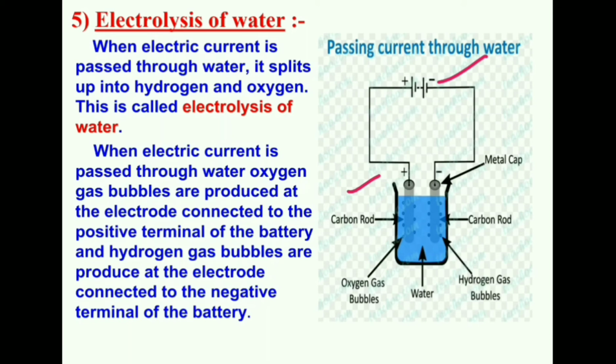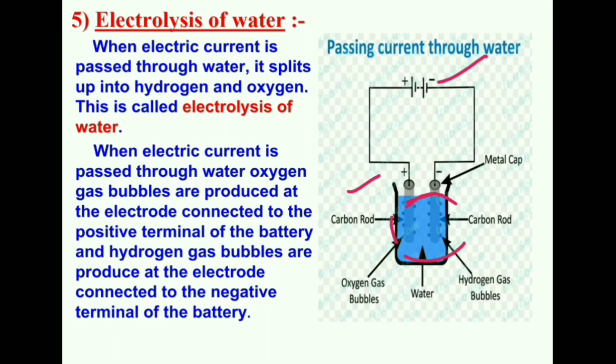As we know that the distilled water is a poor conductor of electricity, so to make the water more conducting, some amount of salt was added to the water. So when the electricity starts flowing through the graphite rods into the water, we find that the gaseous bubbles are seen on both the electrodes.